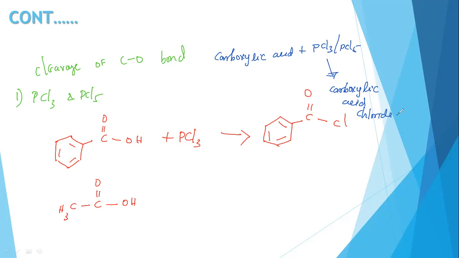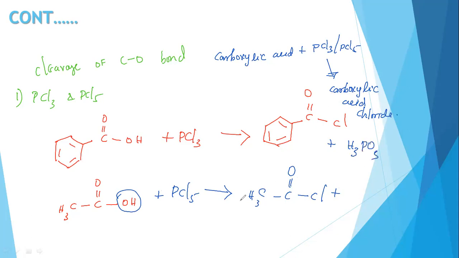When this reacts with PCl5, you will have, seemingly similar, CH3COCl, where the OH is substituted by Cl. Here you have the PCl3 and below this is the PCl5. So the other products are different. Here you will end up with phosphorous acid, H3PO3. But when you have the PCl5, you will end up with POCl3 along with HCl.